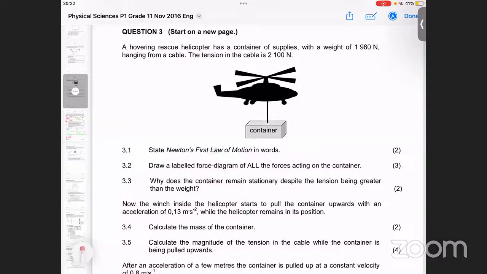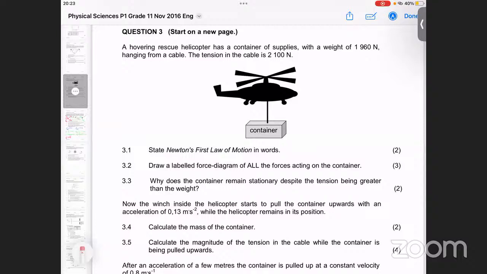A hovering rescue helicopter has a container of supplies with a weight of 1,900 newtons hanging from a cable.